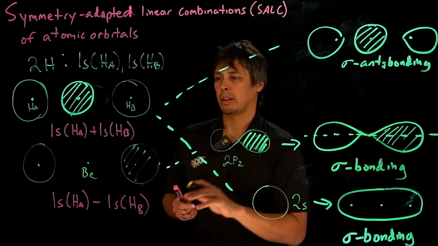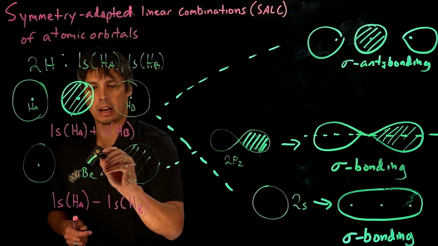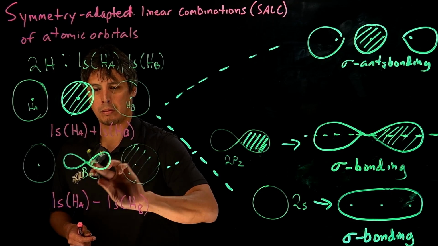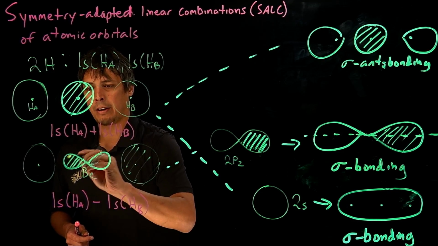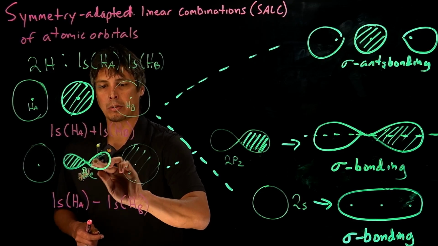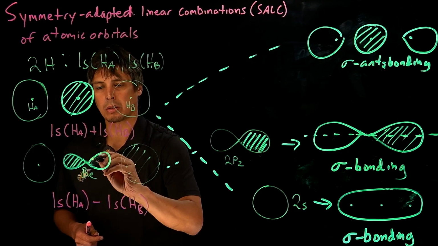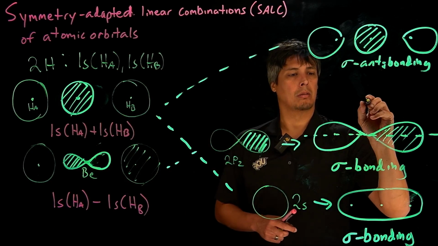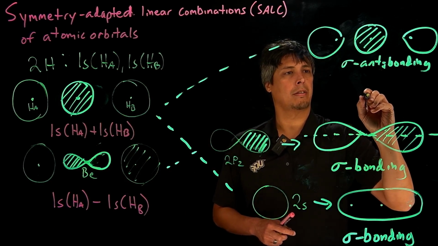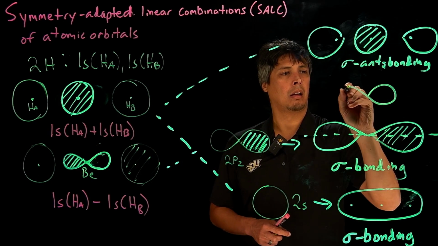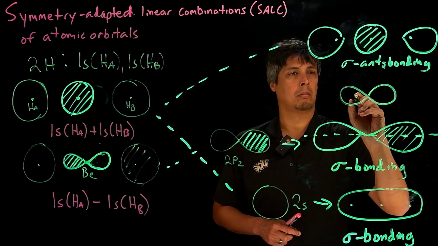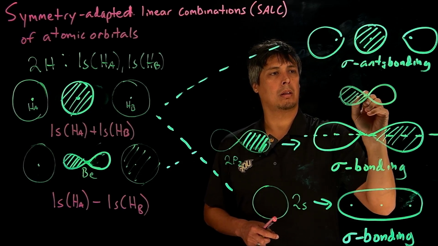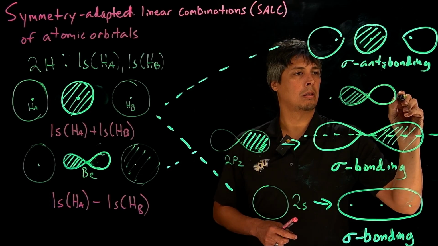Okay? And that's if we instead align the p orbital of beryllium to be out of phase with respect to the 1s atomic orbitals in our SALC. And so we would have this, with our nucleus here.